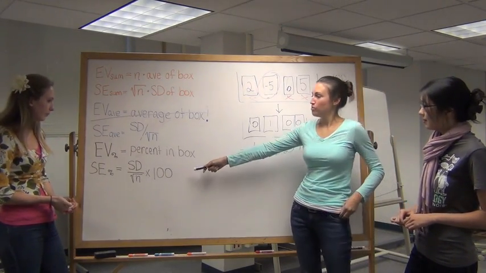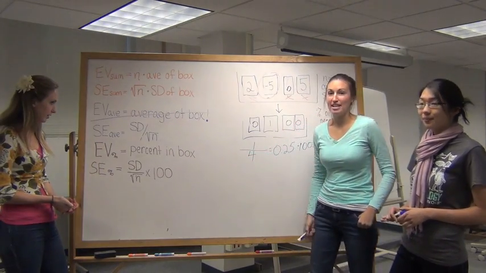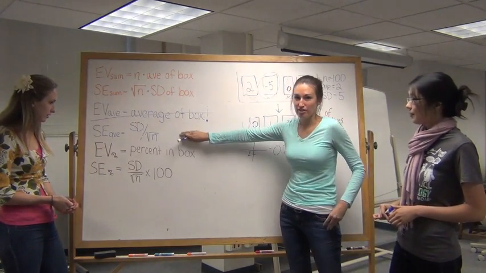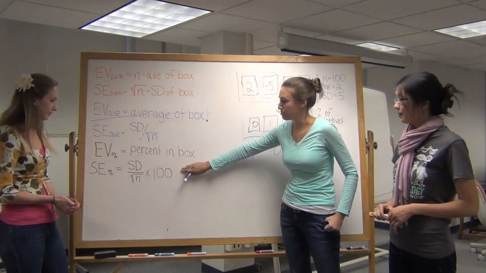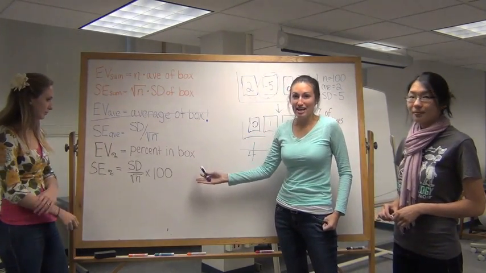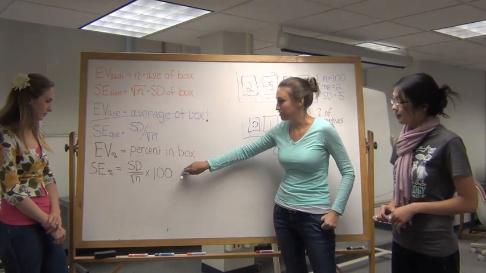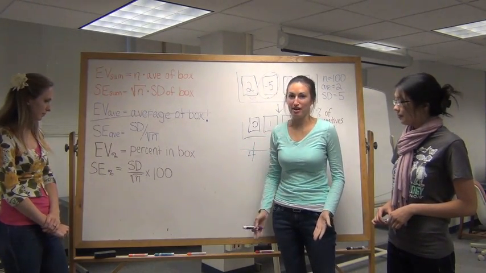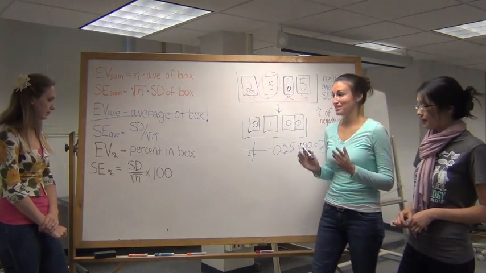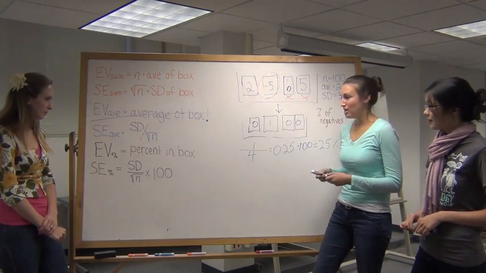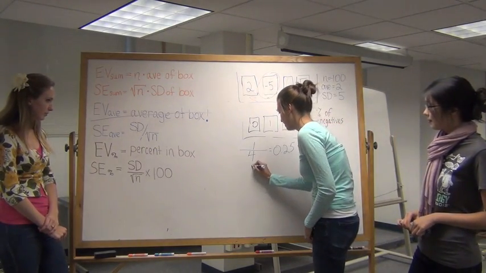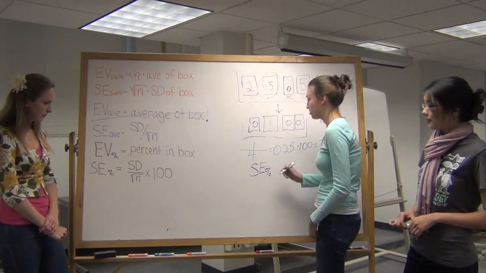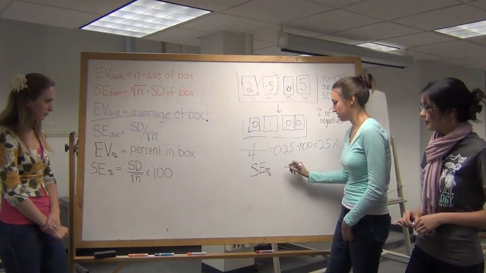So now, when we look at the standard error of the percent, it makes sense that if you look at these two formulas, the standard error for the average and the standard error for the percent, they're the exact same thing, except for the standard error of percent, we have to multiply by 100 to get it in that percent form. But essentially, they're exactly the same thing. So now, let's go ahead and calculate the standard error of the percent of ones in this box.